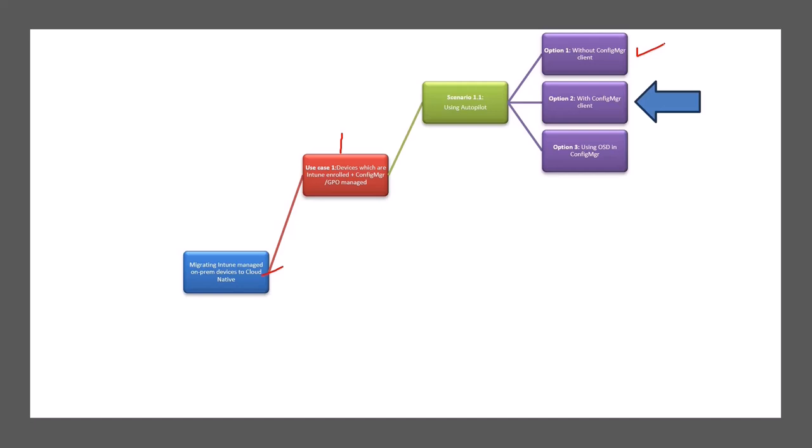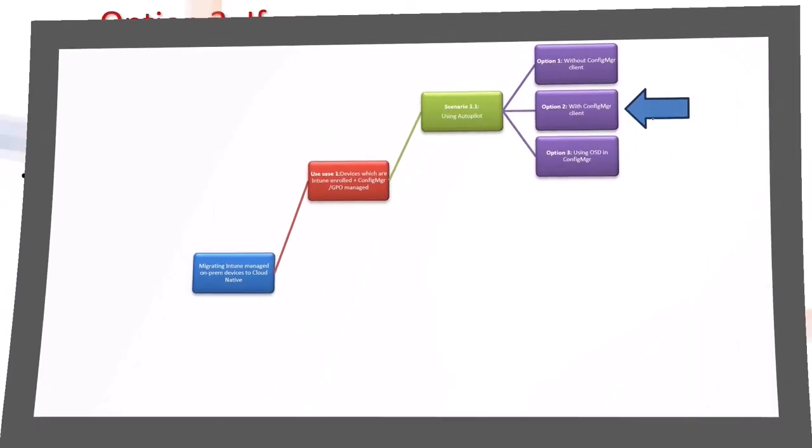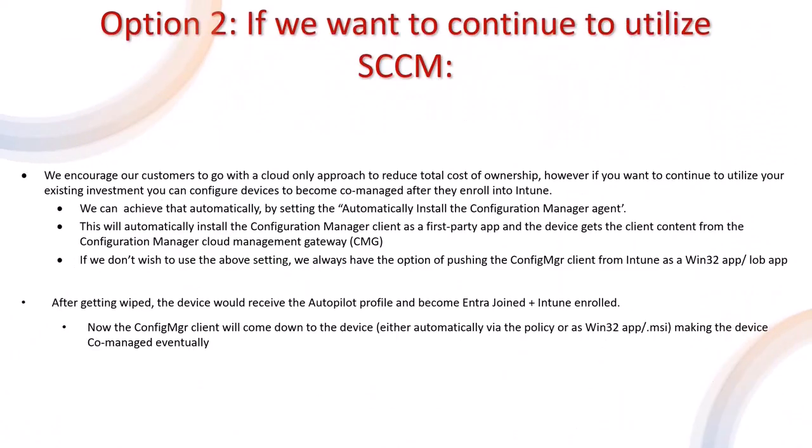That is, you don't want to remove the dependency on SCCM just yet, because let's say you have some very typical reporting use case which Intune is not meeting at this point in time. So how do you go from hybrid Azure AD joined to Azure AD joined cloud native for a Windows device using Autopilot if you want to continue using the SCCM client, using Config Manager? That is, if you want to continue having the device co-managed.